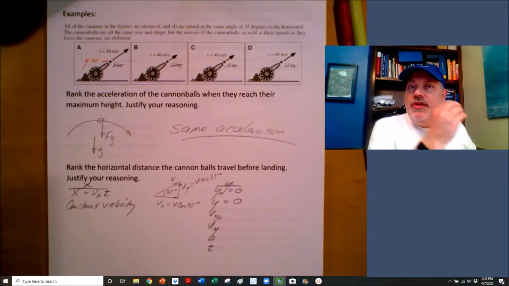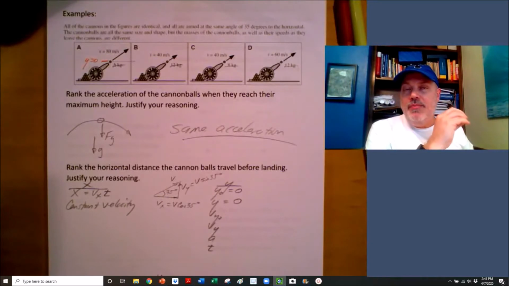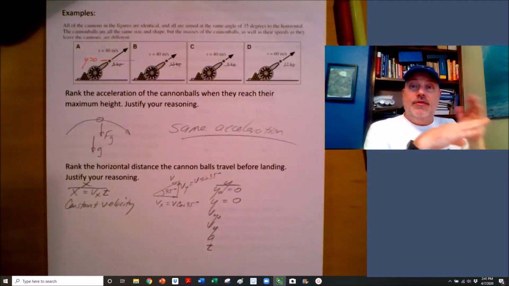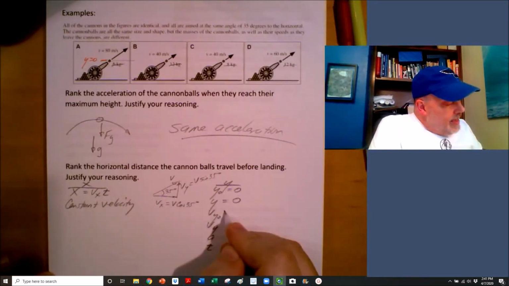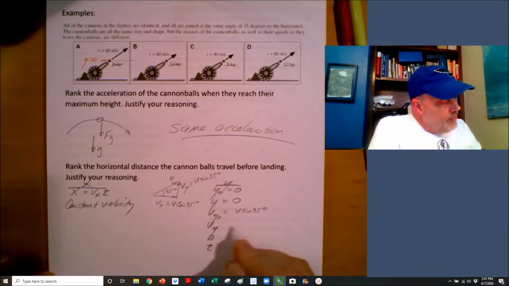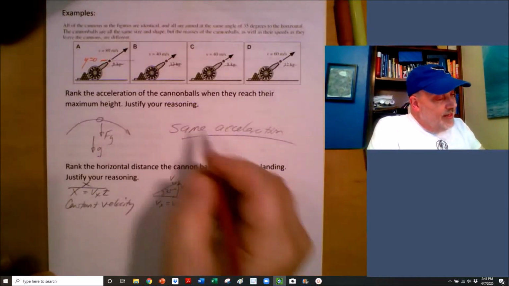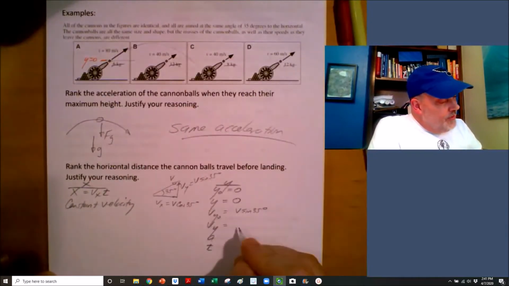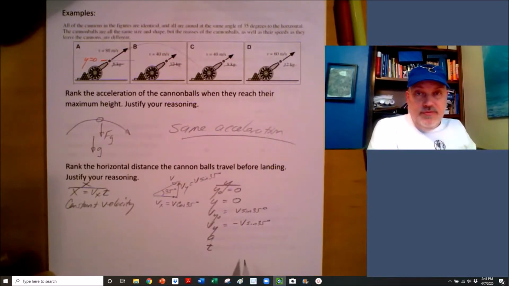Important, we have to separate them out because the x and y can't mix when we're separating them into x and y components. Y velocity to begin is v sine of 35 degrees, and since it's going to land at the same height, it's symmetrical. It's going to land at negative v sine of 35 degrees. Same velocity up and down.